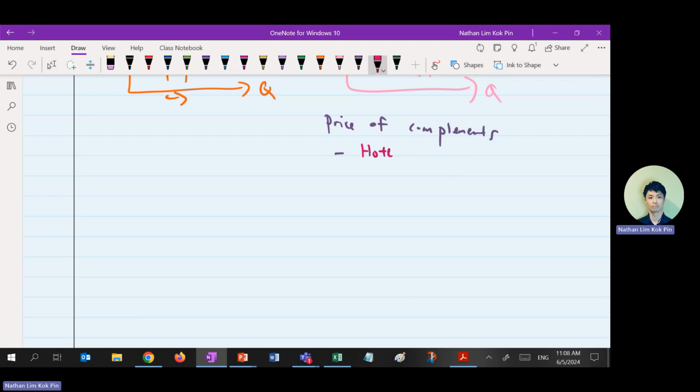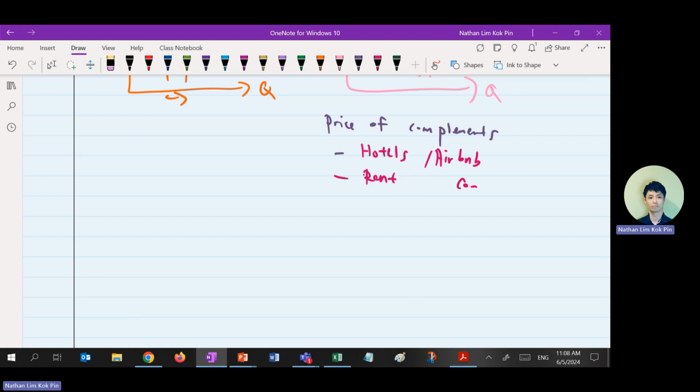We need to stay somewhere. Hotels, or Airbnb, homestay. Maybe we need to rent a car.